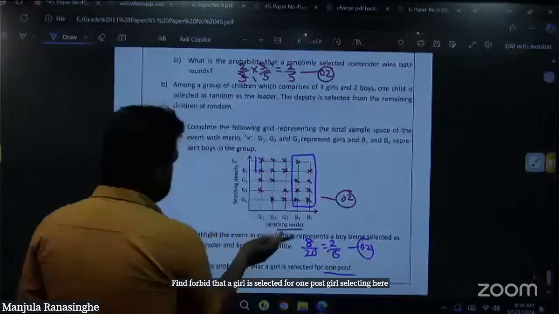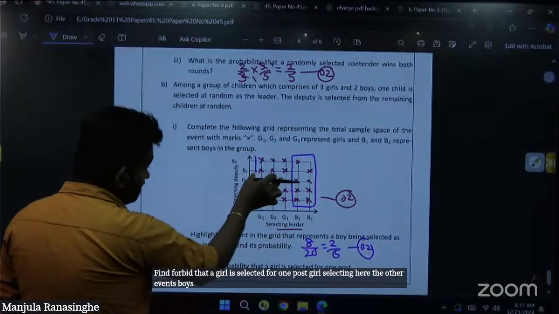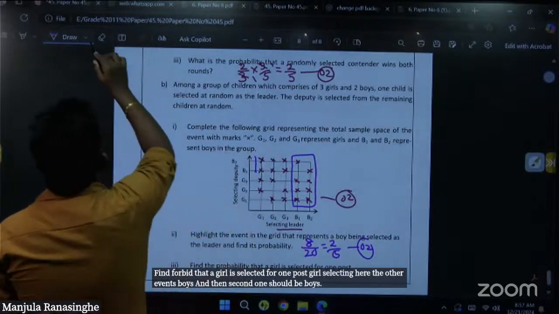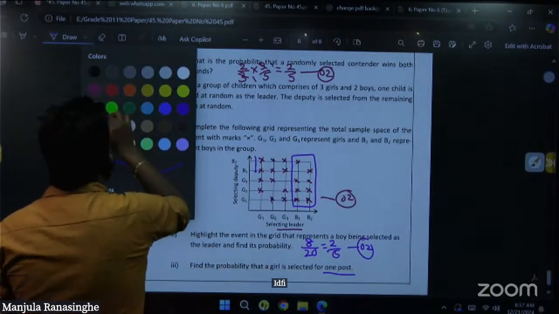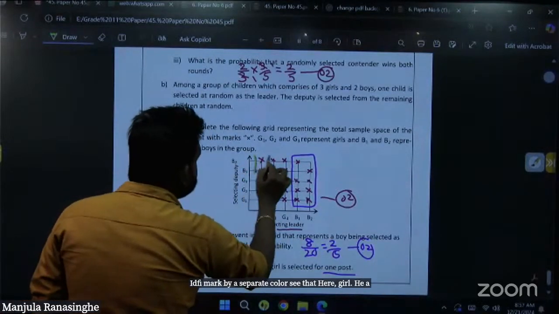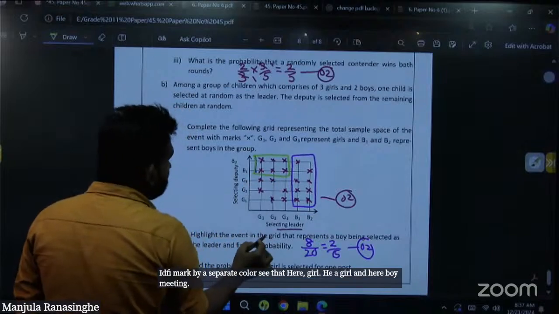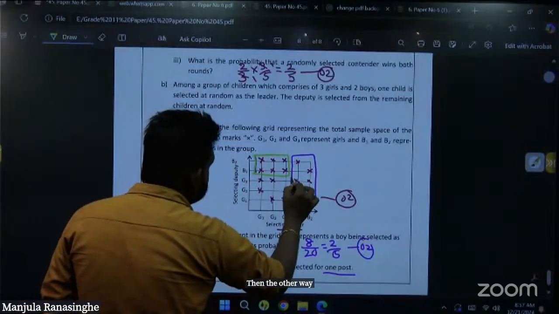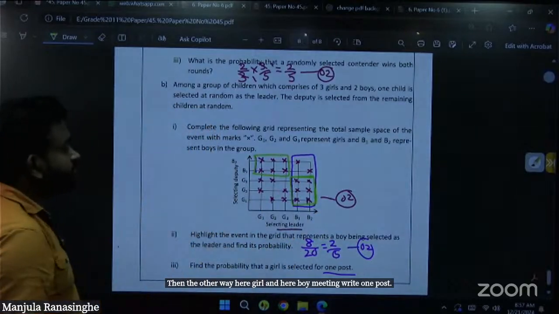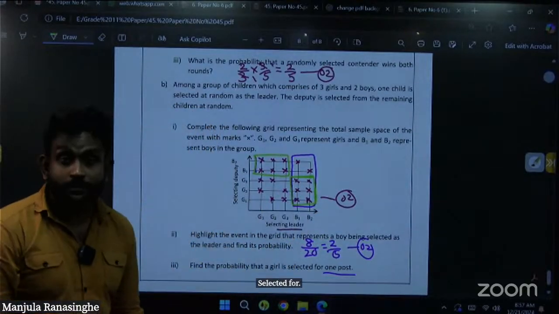Find the probability that a girl is selected for one post. If we think of only one, the girl selecting here, the other events are boys. Think of it like a coordinate grid: here girls and then the second one should be boys. If I mark by a separate color, here girl and here boy meeting, then the other way, here girl and here boy meeting, right, one post selected for girl.